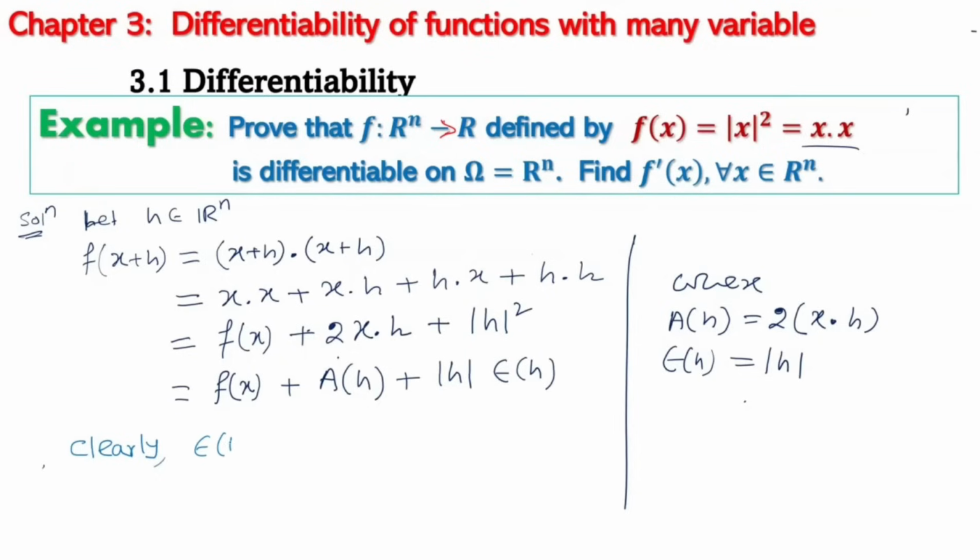Clearly epsilon h, equal to absolute value of h, tends to 0 as absolute value h tends to 0. So this condition is satisfied.